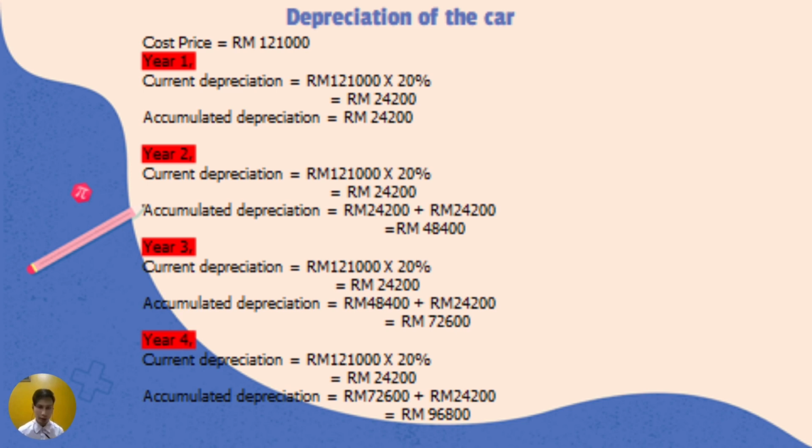So we get RM 72,600. For the last year, year 4, the current depreciation is RM 24,200 and the accumulated depreciation is the accumulated depreciation of year 3, RM 72,600, plus the current depreciation of year 4, RM 24,200, and we get RM 96,800.